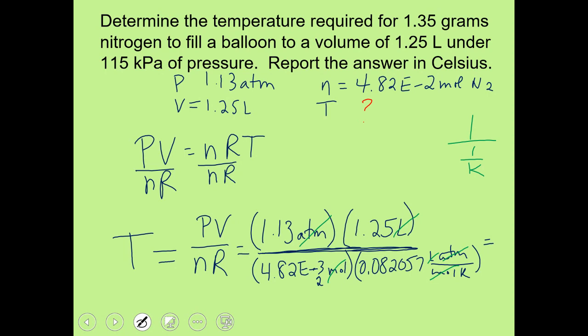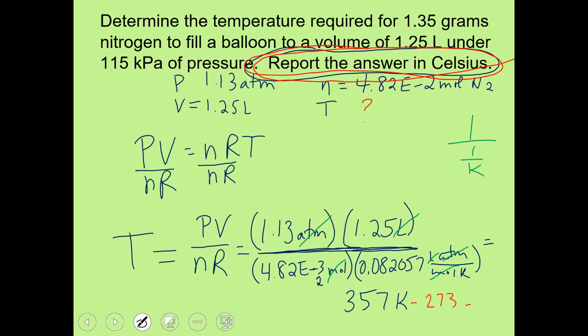And I got 357, which is in Kelvin. It says report the answer in Celsius. Watch out for those kinds of things on WebAssign. And so to convert this back to Celsius, we have to subtract the 273, and I got 84 degrees Celsius for my answer. Okay.